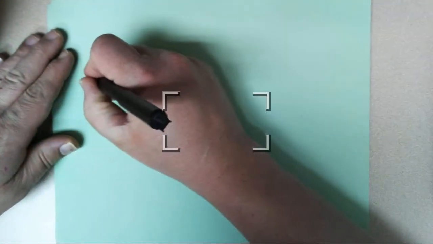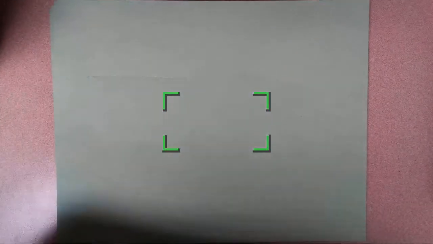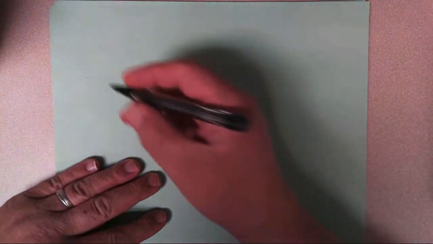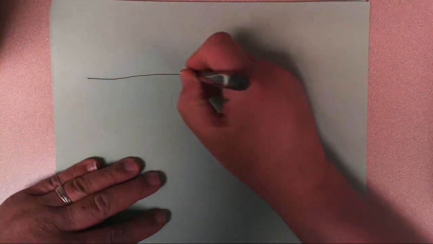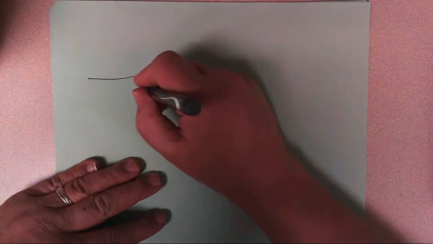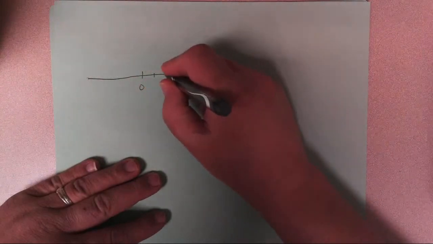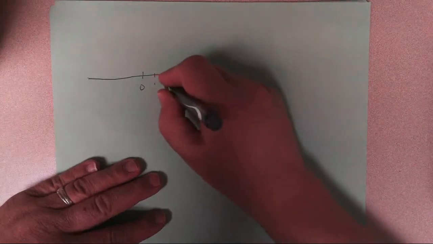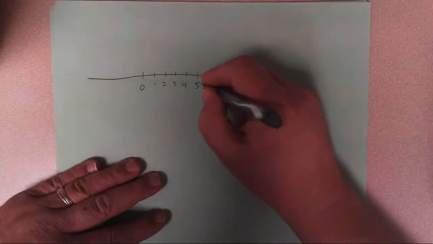So, a number line has 0, and then it numbers positive numbers off to the right, like 1, 2, 3, 4, 5.